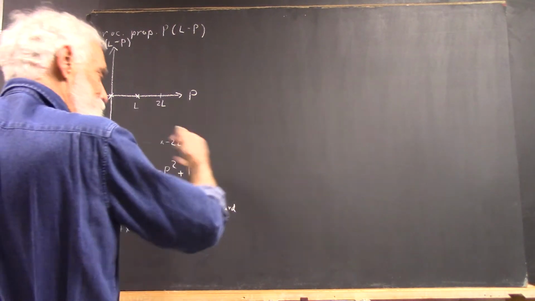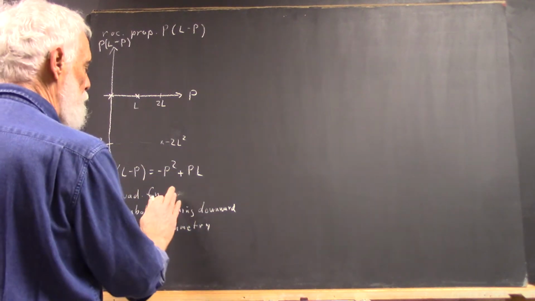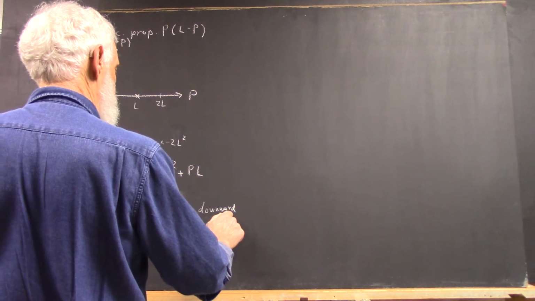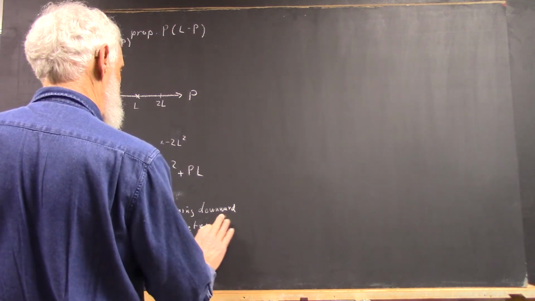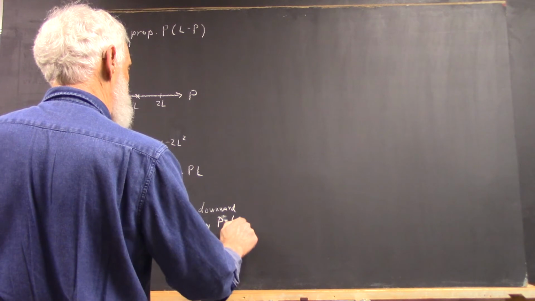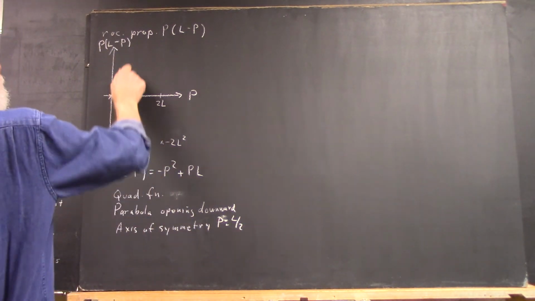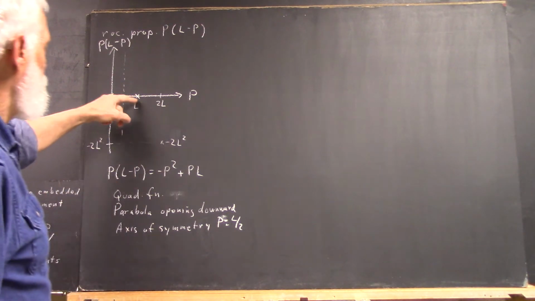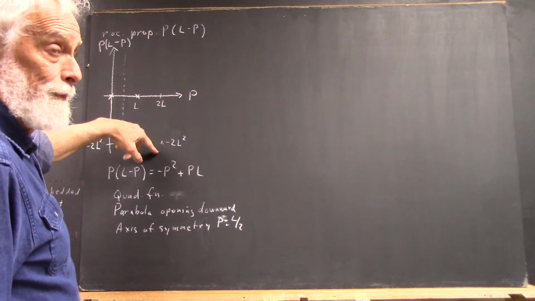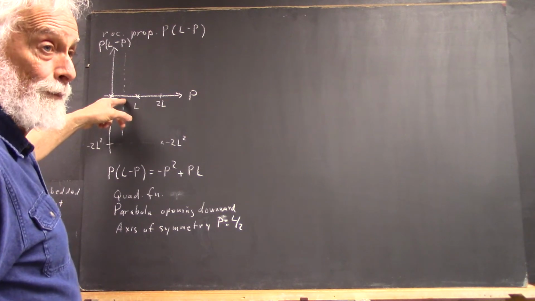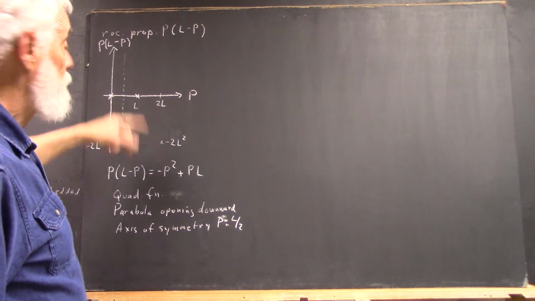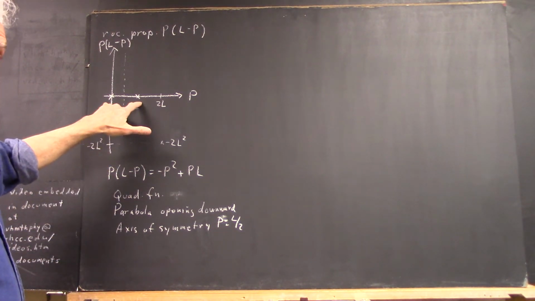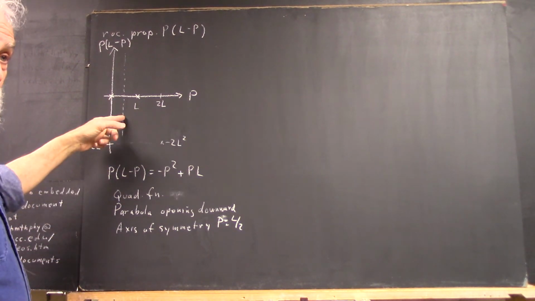Just using what we know about quadratics, and you might have to think that through a little bit. The axis of symmetry is p equals L over 2. So we have a parabola through these points, and the axis of symmetry is here. Of course, we know from the symmetry of a parabola that if it goes through these two points, the axis of symmetry has to be halfway between, right?